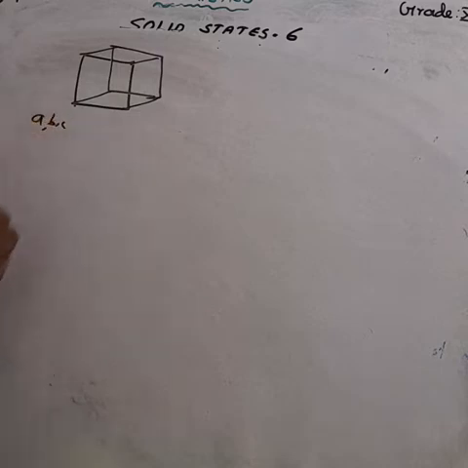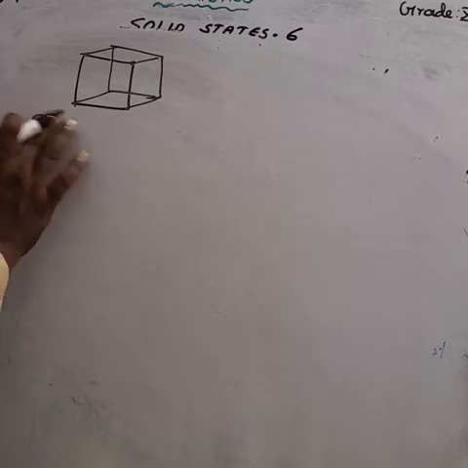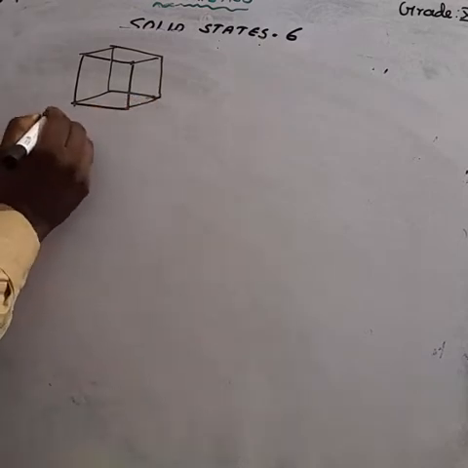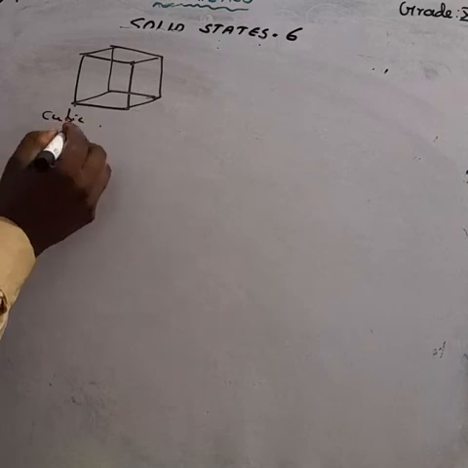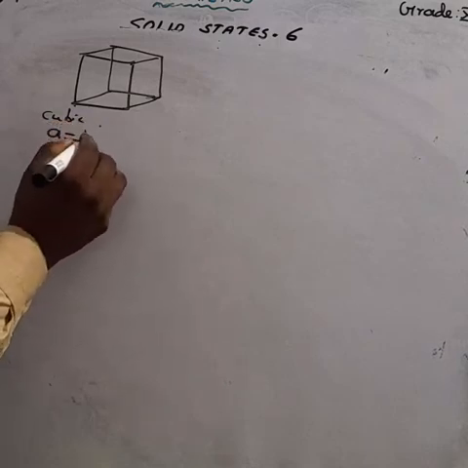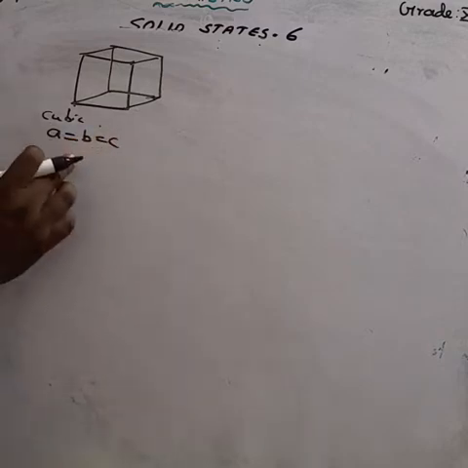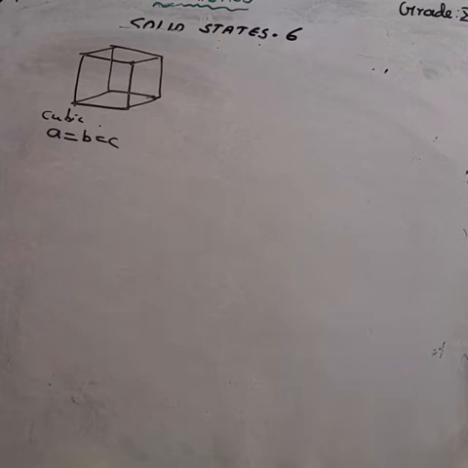Angle parameters are alpha, beta, gamma. Don't forget that. There are 6 parameters. First, to understand the concept for the cubic, a length is equal to b length and equal to c length.